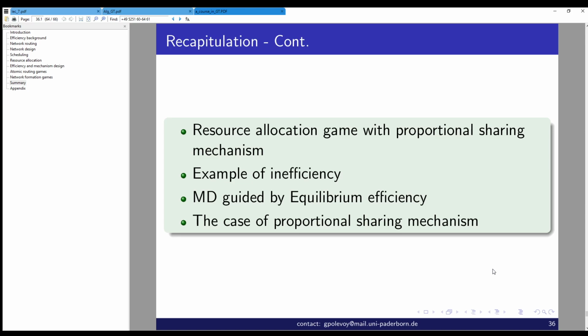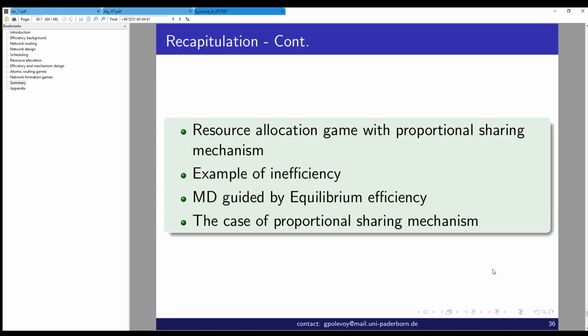And we looked at what happens with respect to this proportional sharing mechanism. As I said, we can have an optimum mechanism, which is of VCG type, but then the communication complexity to and from the mechanism will be worse than in the case of the proportional sharing mechanism.